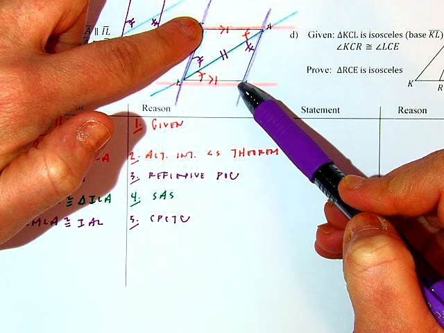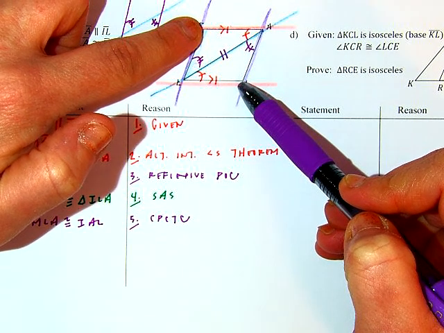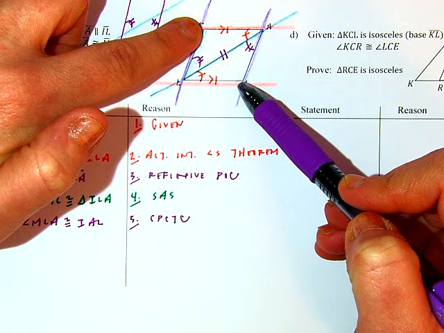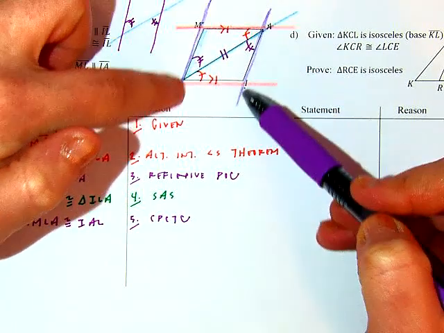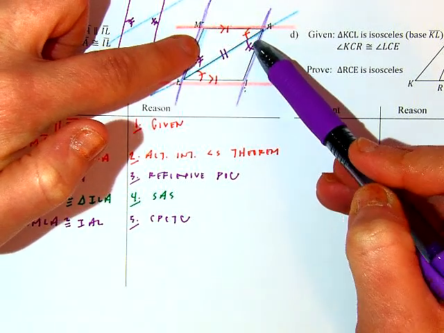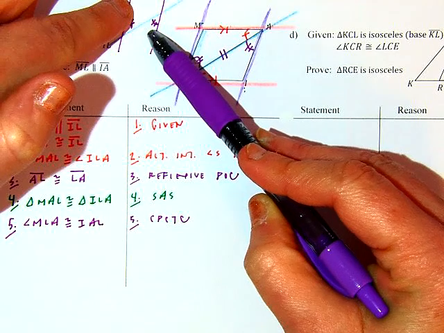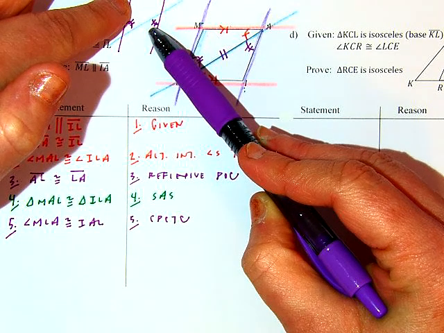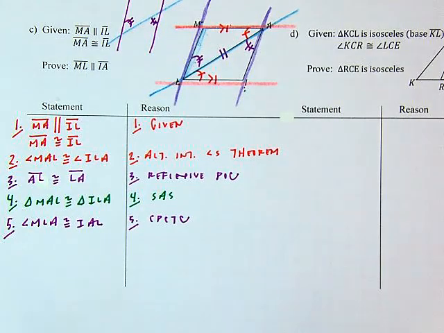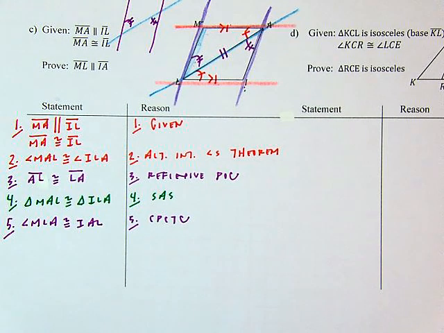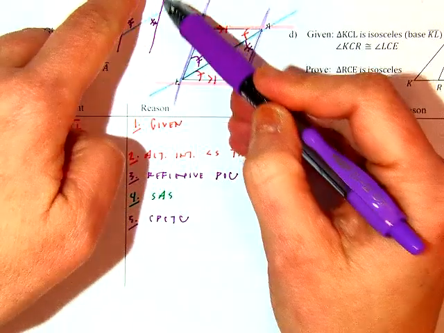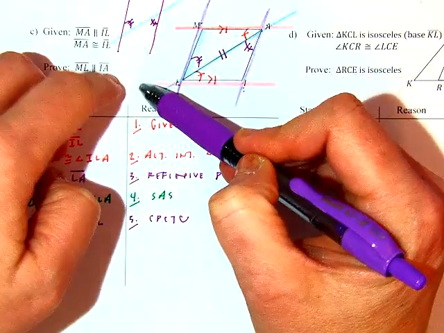I just have to see which one is going to help me connect to say that I have parallel pathways here and here. So I saw that it was going to be these right here, because once I have those two angles in place, now I can use the converse of the alternate interior angles theorem to get to these pathways running parallel.